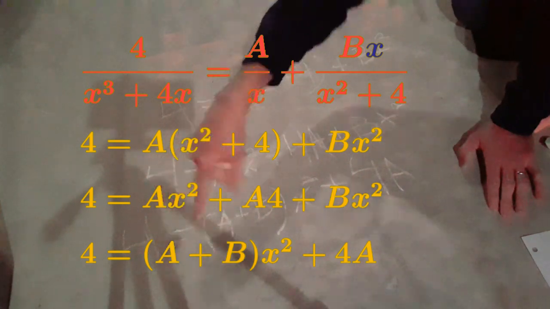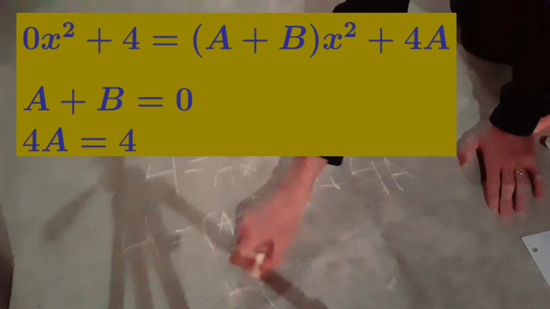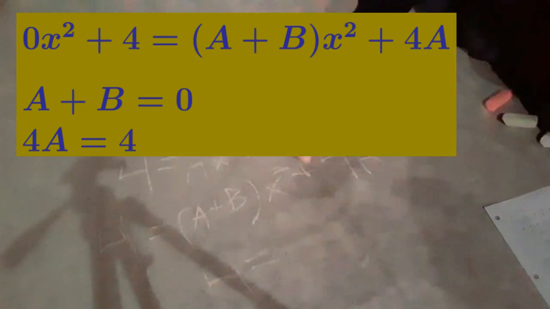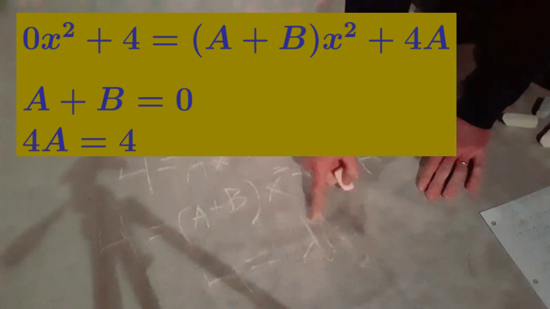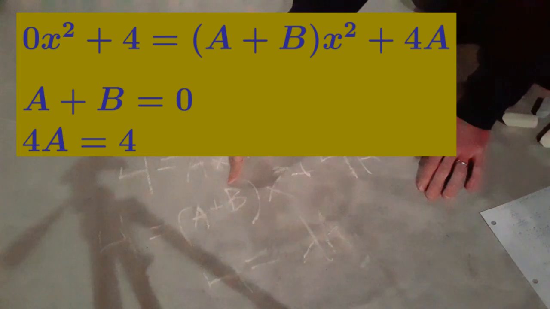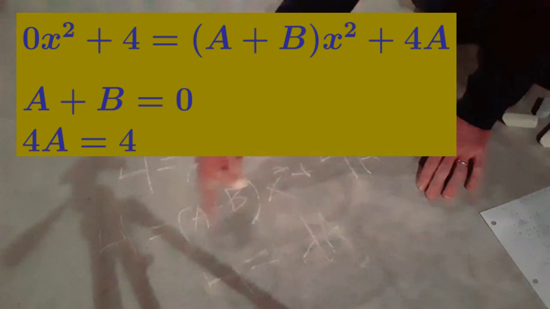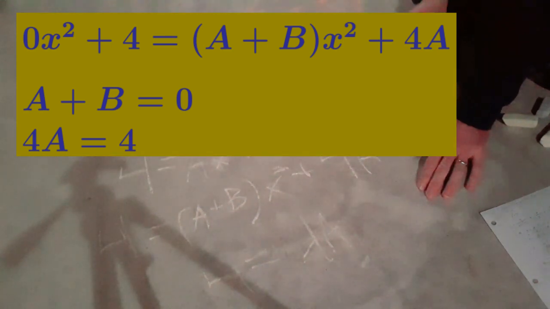This is the only number we have here, which means that 4 is equal to 4A, which means that A has to be 1. If A is 1 here, then that means B is negative 1 here, because they have to add up to 0, because the x squared is missing here.